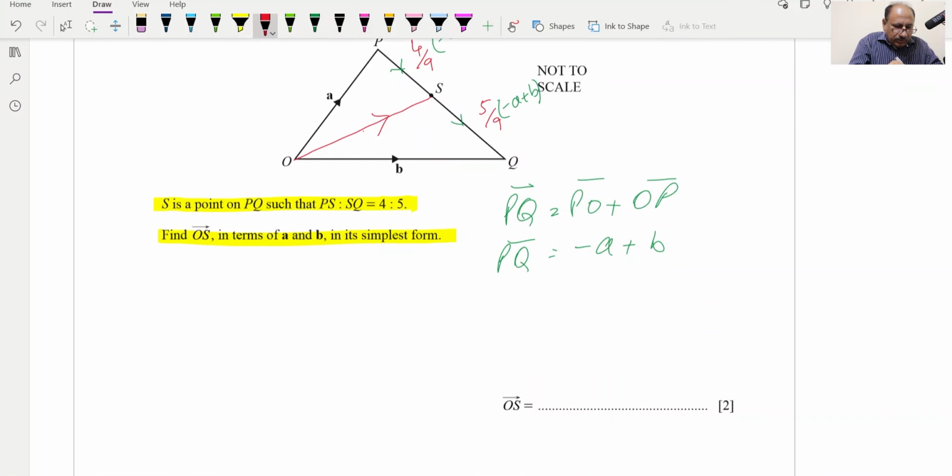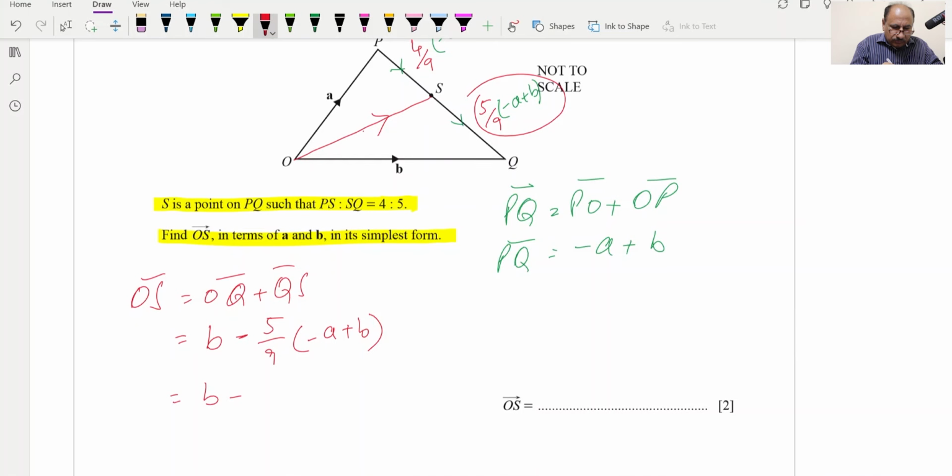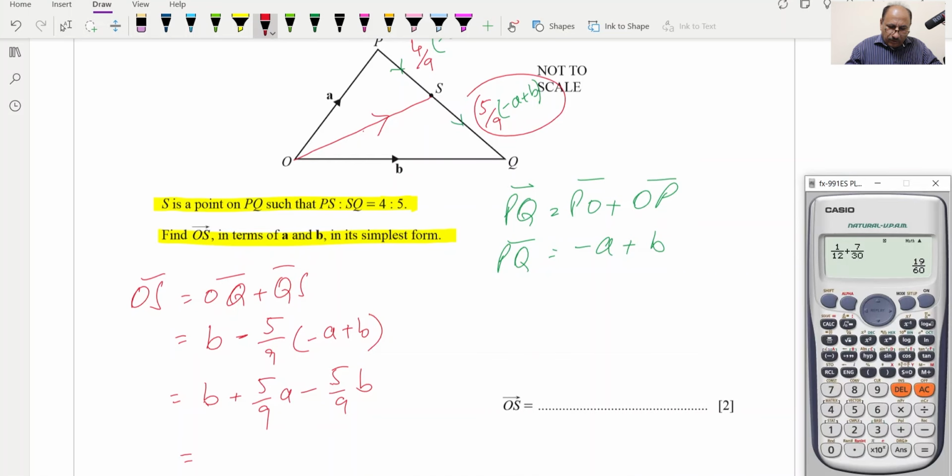For OS also we can write the equation OS vector is equal to OQ plus QS, and OQ is equal to B. So we can write B minus QS will be minus this one, because direction is changed, so we are taking minus of this, minus A plus B, and we have to simplify this.